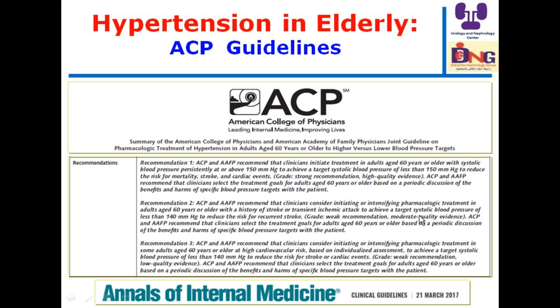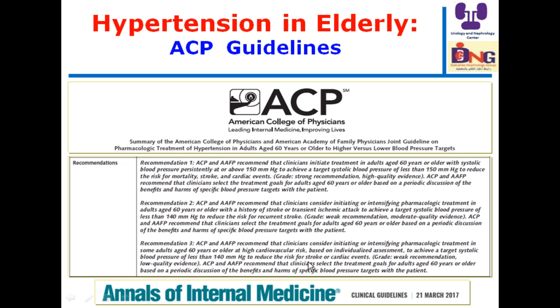And they recommended that clinicians select the treatment goals for adults above 60 based on periodic discussion of the benefits and harms. The third recommendation is that clinicians consider initiating or intensifying pharmacological treatment in some adults aged 60 or older at higher cardiovascular risk, based on individual assessment, to achieve target systolic blood pressure less than 140 and to reduce the risk of stroke.